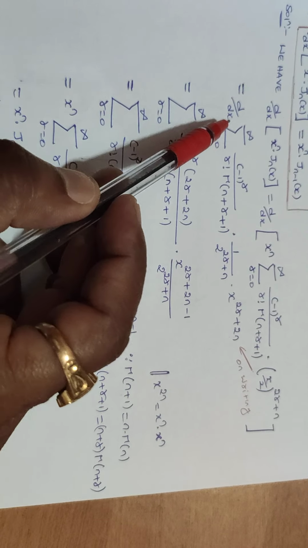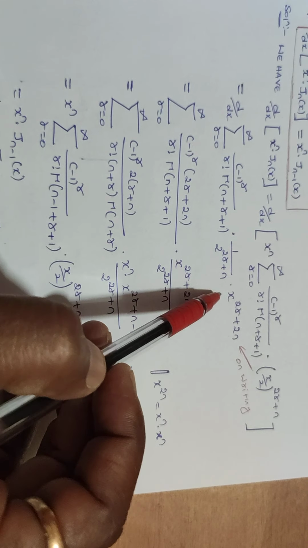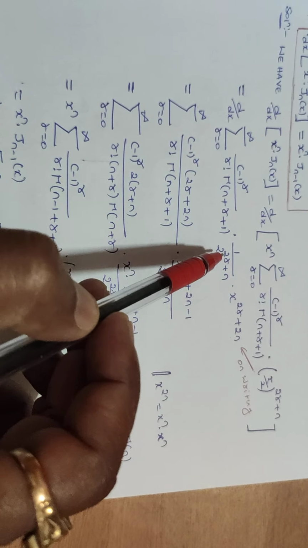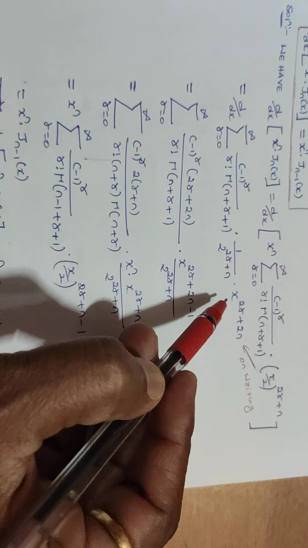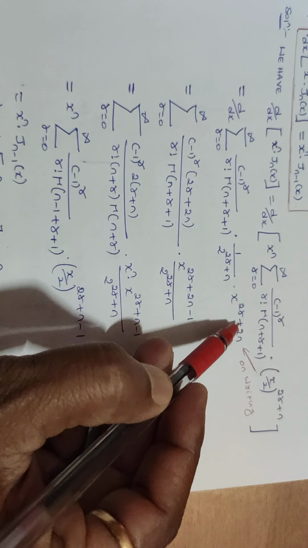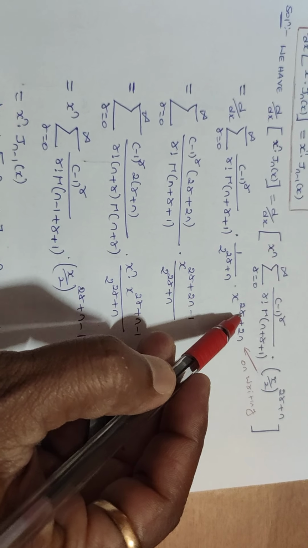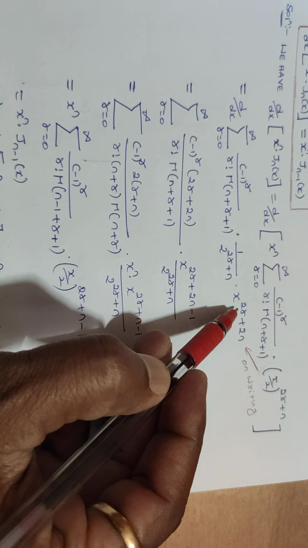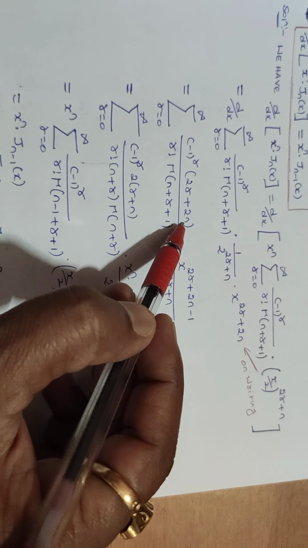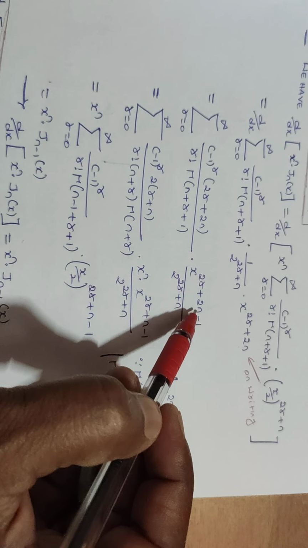Now, differentiating the term with respect to x, this whole term will be acting as a constant term. Therefore, the derivative of x to the power 2r plus 2n is of the form x to the power n. We know that the derivative of x to the power n will be n into x to the power n minus 1.